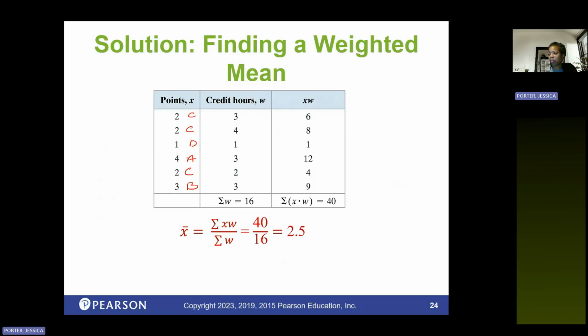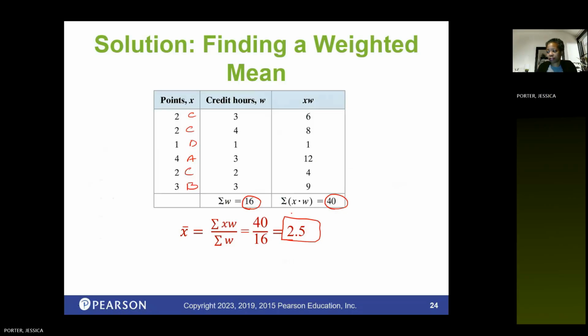We do that for each of the grades, add up the products, and we get 40. The summation of the weights is 16. So 40 divided by 16, this student has a 2.5 GPA.